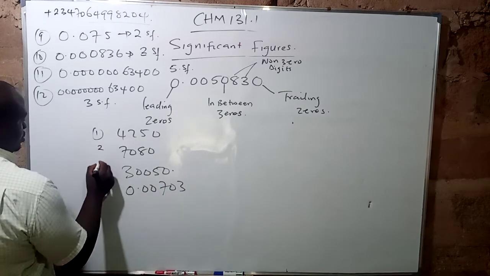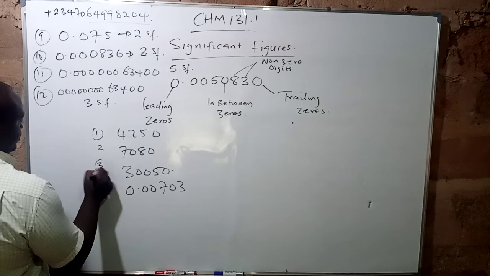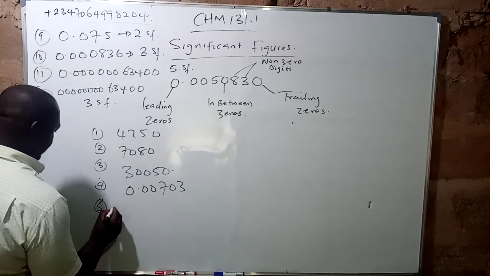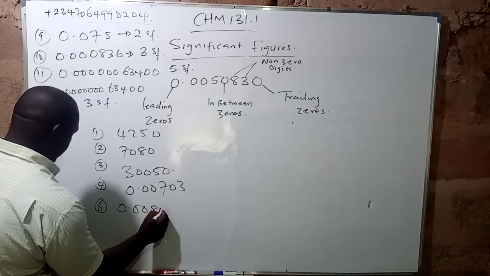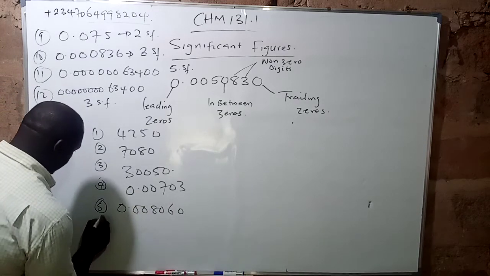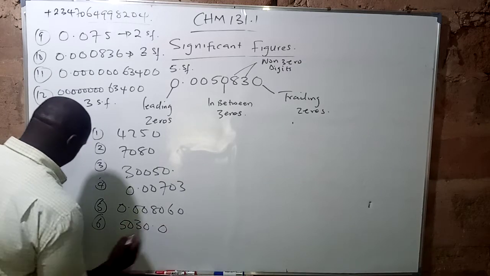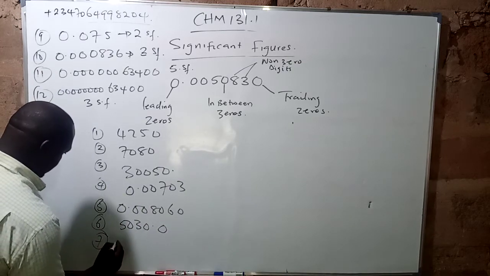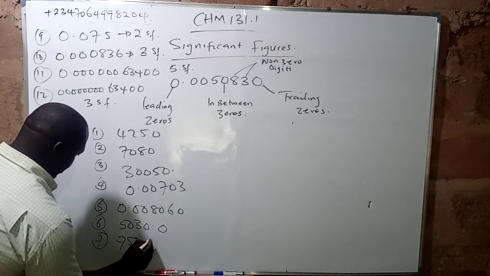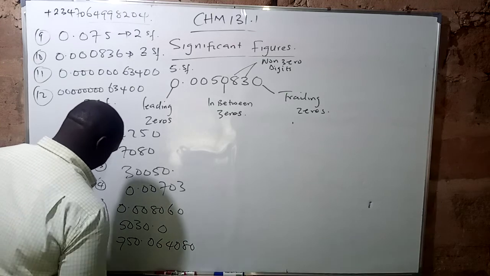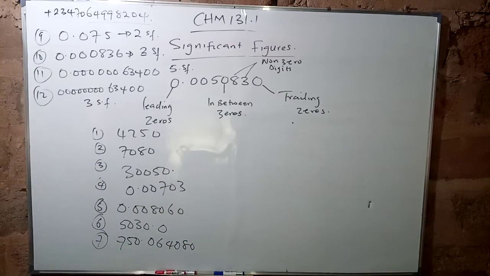Then number 5, we have 0.008060. Number 6, 530.0. Number 7, we have 750.064018. Now from here, if you watch the board, you can pause the video and get the answer immediately.